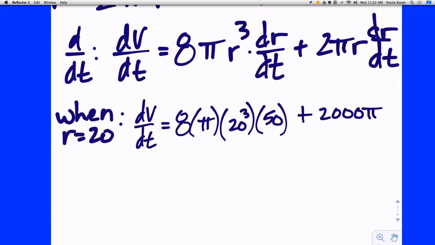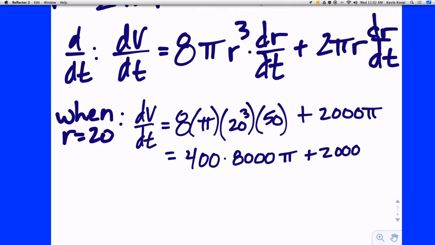And we'll maybe finish this up without a calculator. 20 cubed, that's going to be a big number. 8 times 5, that's 400. 20 cubed is 400 times 20, 8,000 pi plus 2,000 pi. And so here we get 32 with 5 zeros.